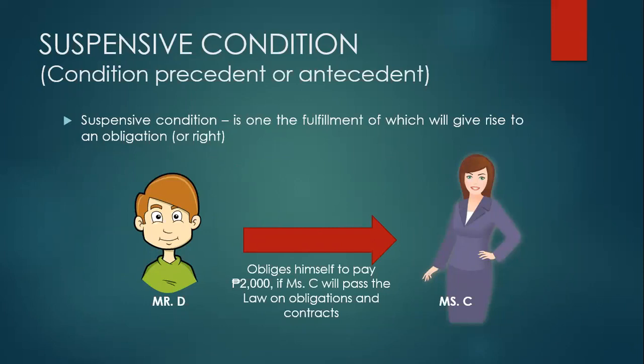This kind of condition is suspensive because if Miss C will pass the law on obligations and contracts, the obligation of Mr. D to pay Miss C 2,000 pesos will give rise or will take effect. On the other hand, if Miss C will not pass the law on obligations and contracts, then Mr. D will not be obliged to pay Miss C 2,000 pesos.